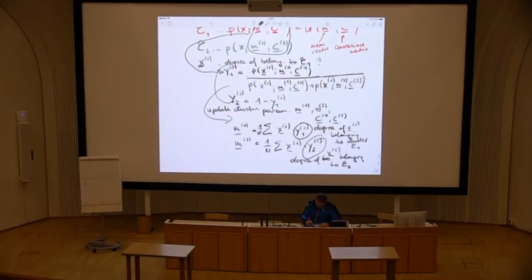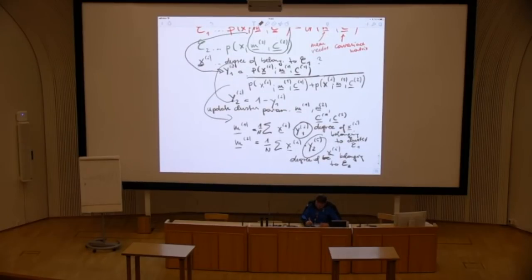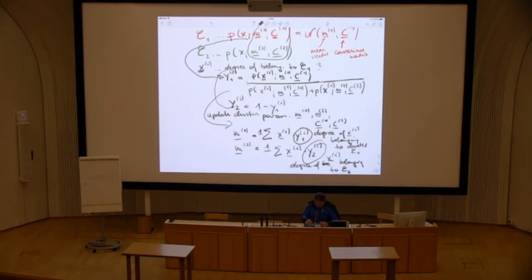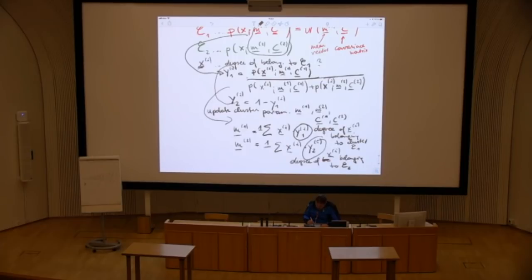Well, actually, this is not the correct normalization because this 1 over n would apply only in this case. We have to normalize the means by the effective number of data points in cluster 1. So we have now effective sizes of the clusters, which is n1 and n2.